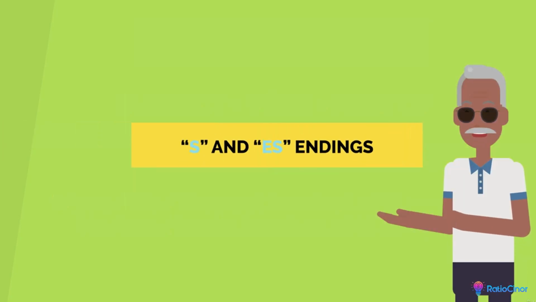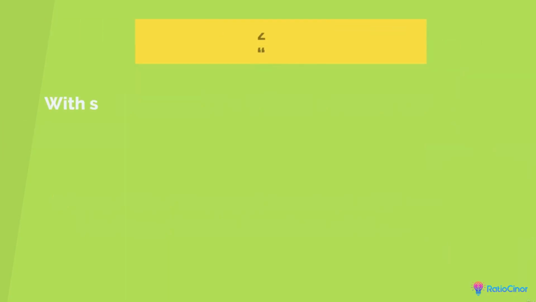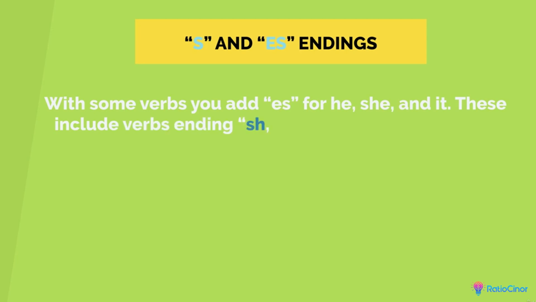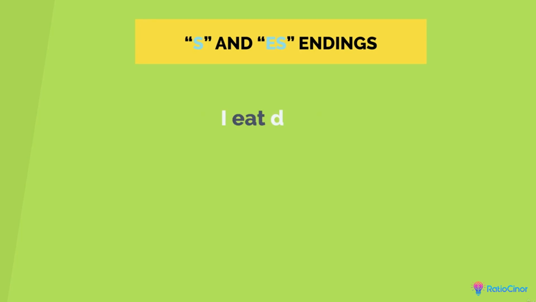S and es endings. With some verbs, you add es for he, she, and it. These include verbs ending in sh, ch, o, ss, x, and z. I eat dinner. She eats dinner.